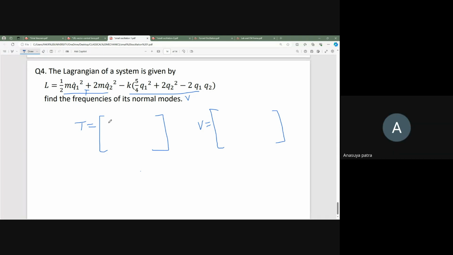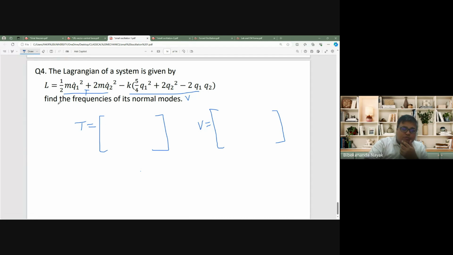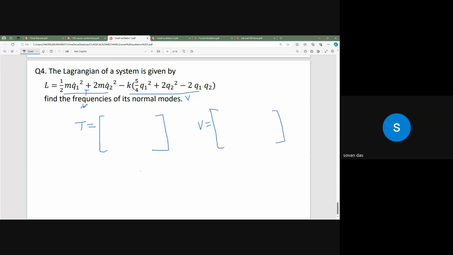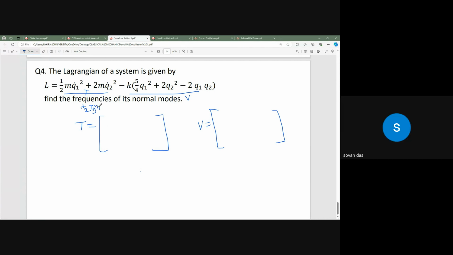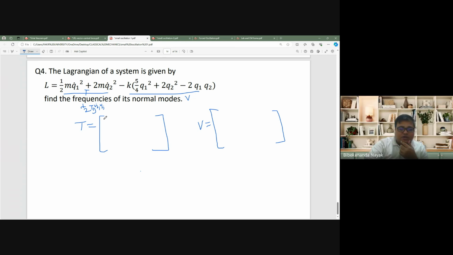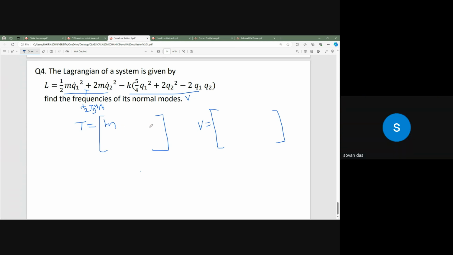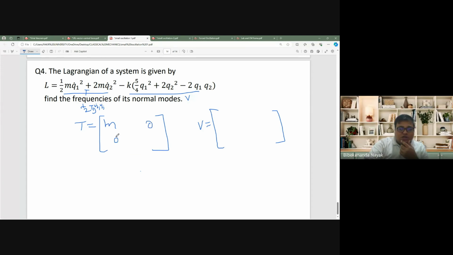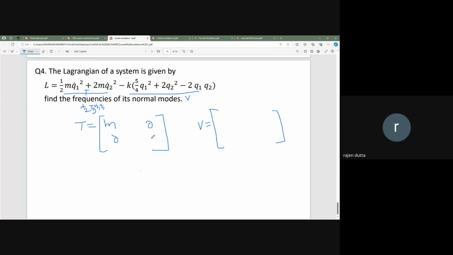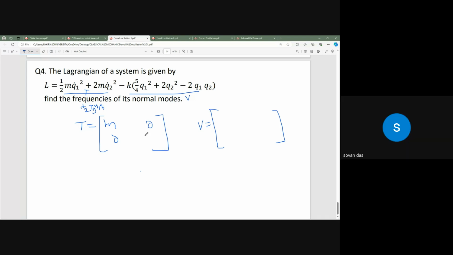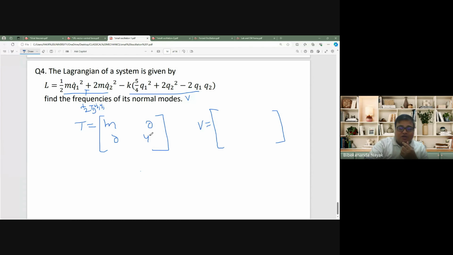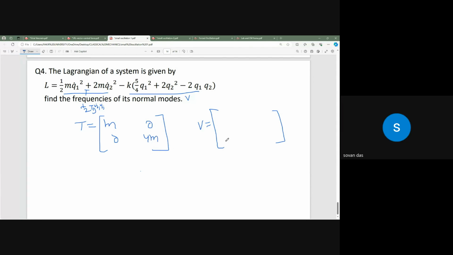In T we have half Tij eta i dot, eta j dot. Half is already in the definition, so the matrix is M 0, 0 M, how much? There is 2m2 dot square. How do you get 2? But multiplied with half, it will be 4. Yes, 4M.